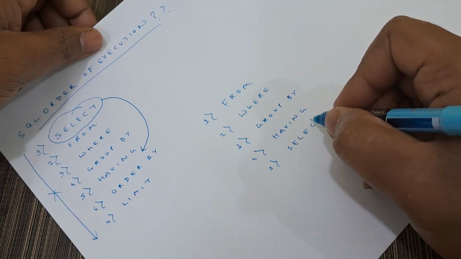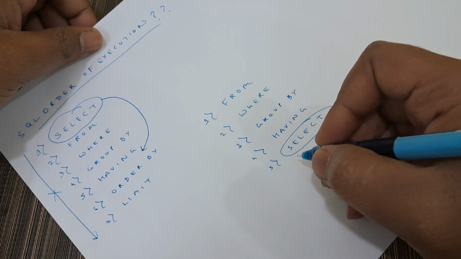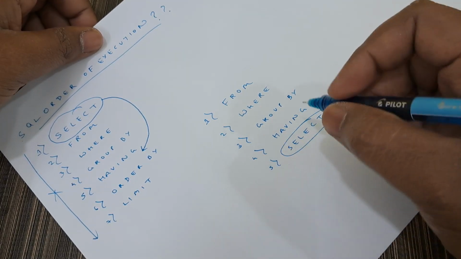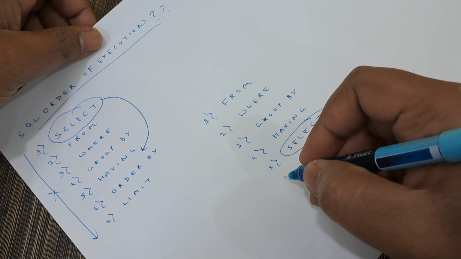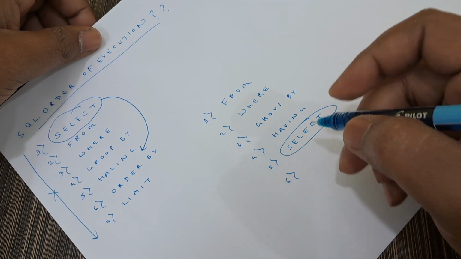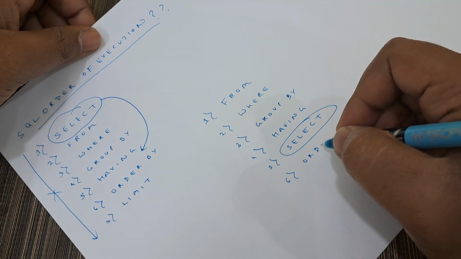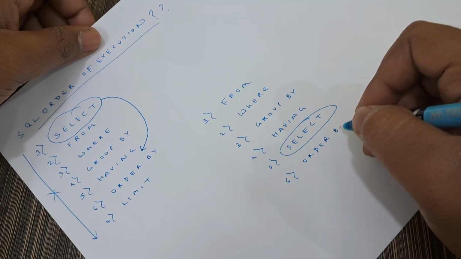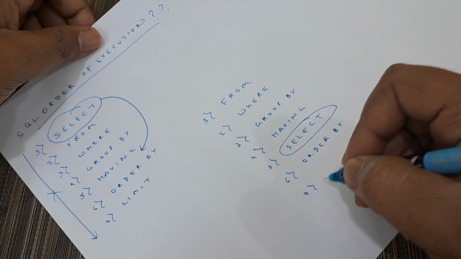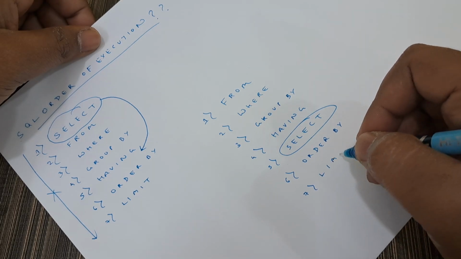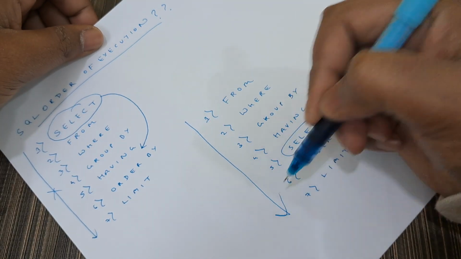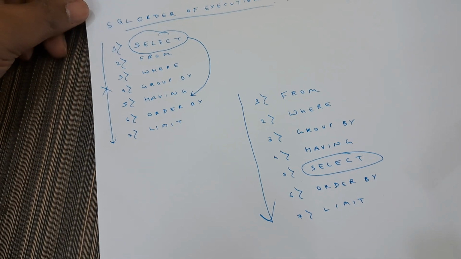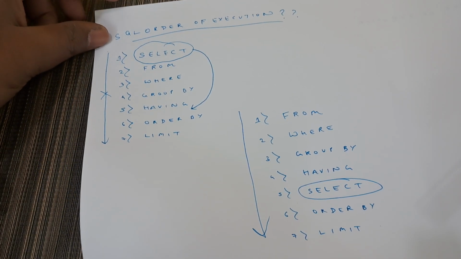This is the one thing that is misplaced. The others are as usual, but this has to come after the having clause. Then as usual it will be order by, and lastly limit. This is how the SQL order of execution proceeds.